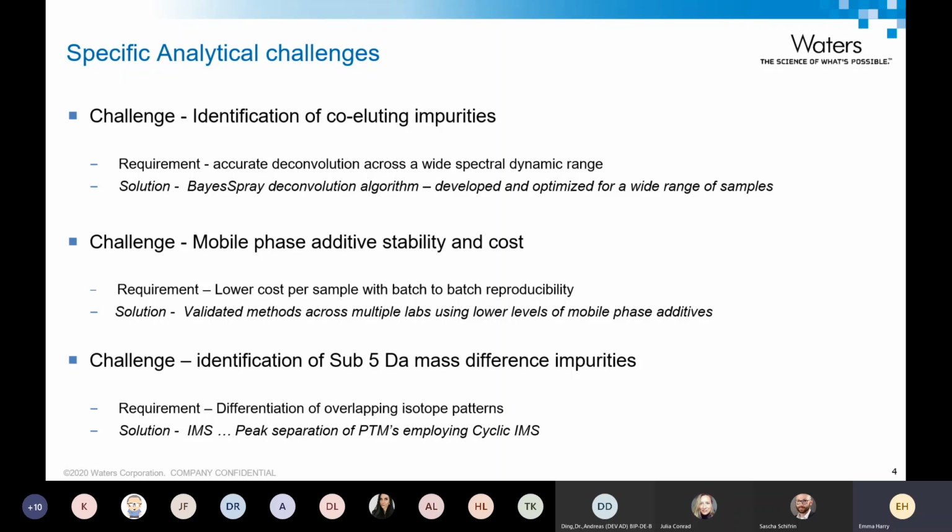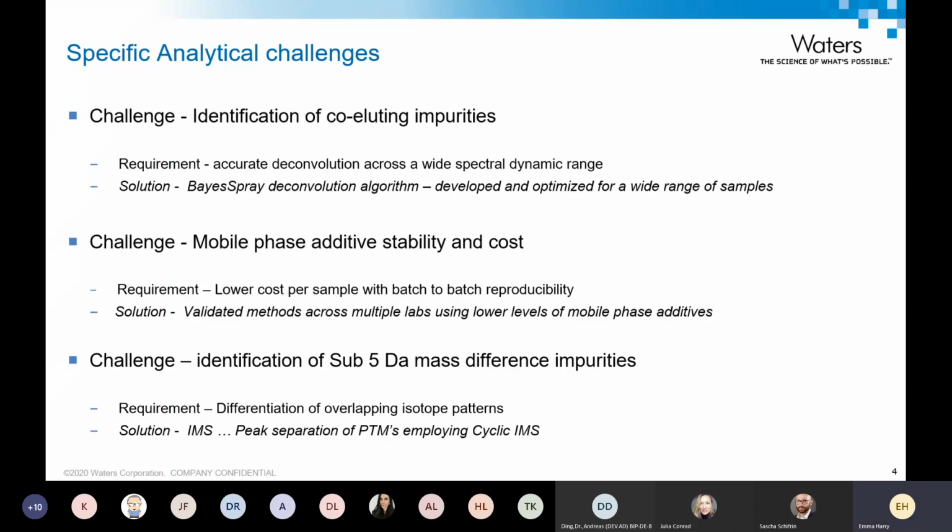So what we have done at Waters is to validate some methods using different concentrations of these mobile phase additives, and we've also done it across multiple labs. We do have validated methods for this, so if this is something that anybody's interested in, please do get in contact with us about that.